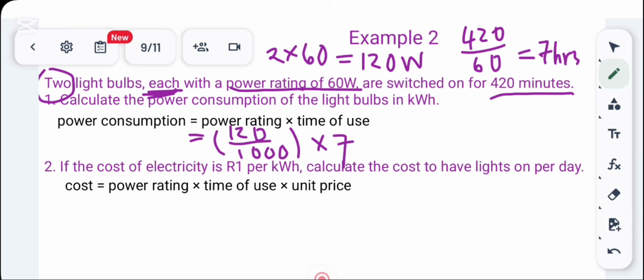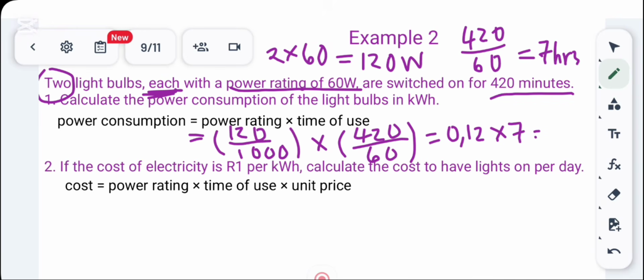Okay, so you can also decide to show within your calculation how you got to your 7 hours, or you can show it on the side. So let's include it here. So it will be 420 divided by 60 minutes. Okay, so we're going to have 0,12 multiplied by 7. Okay, how much will you get? Tell me your final answer.